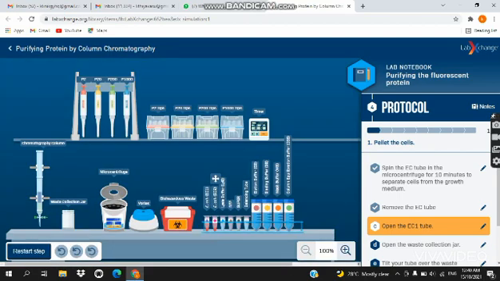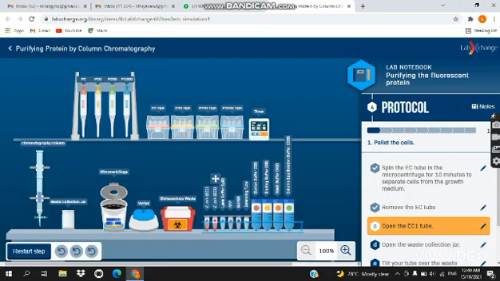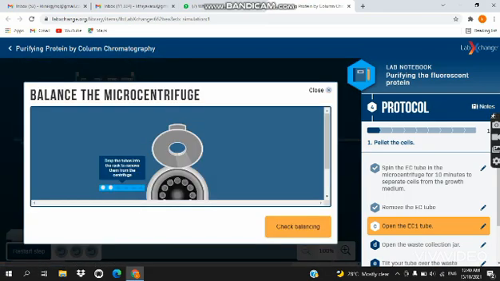One more thing: when you put the centrifuge tube inside the microcentrifuge, check the balancing first before you start the centrifuge.